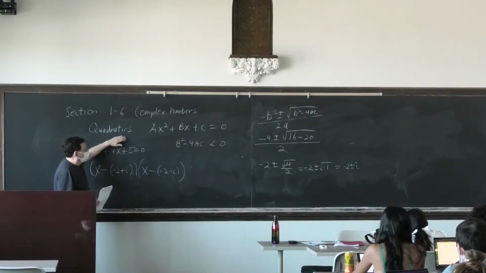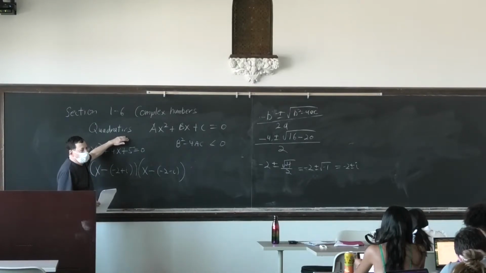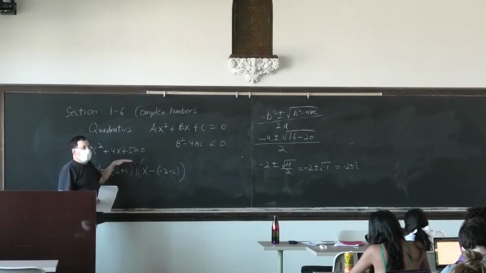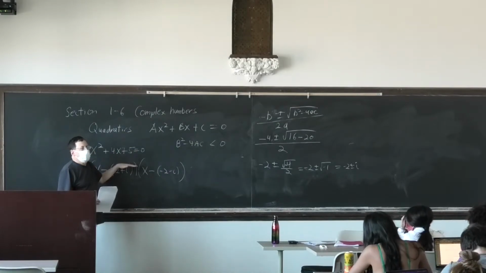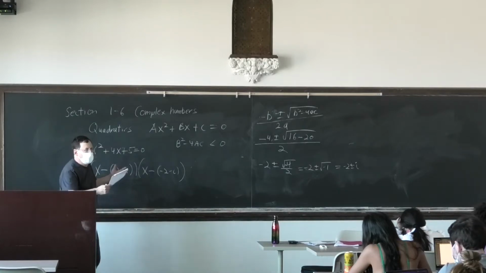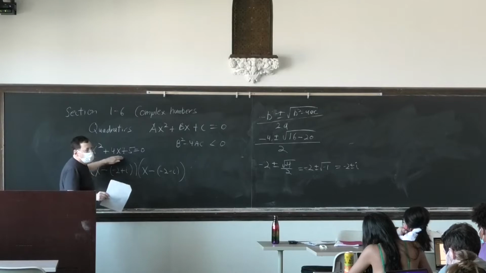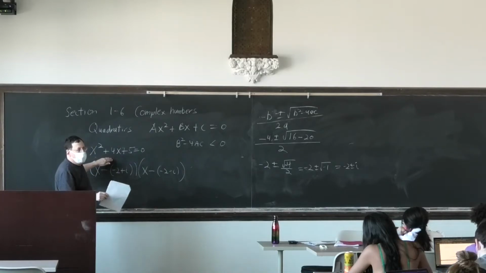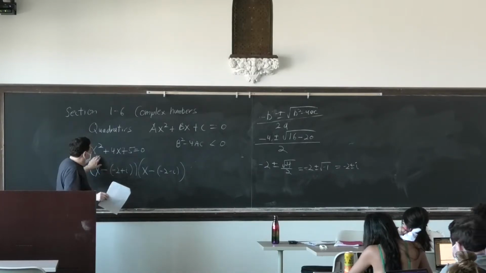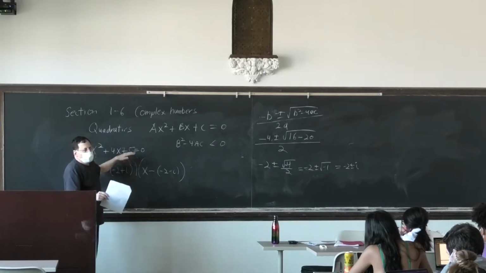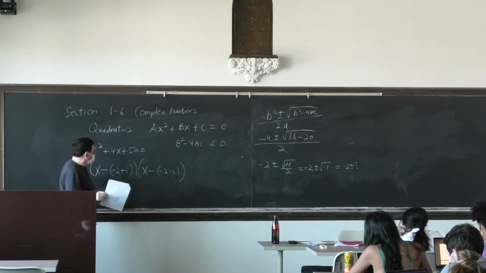So one way to think of imaginary numbers is they kind of complete the set of numbers for which polynomial equations can all be solved. It turns out that not just quadratics, cubics, quintics, any degree polynomial can be solved.